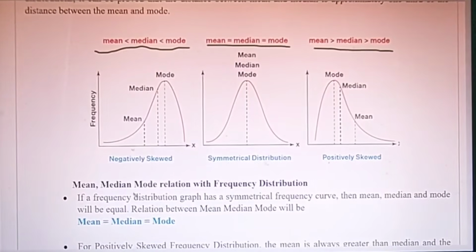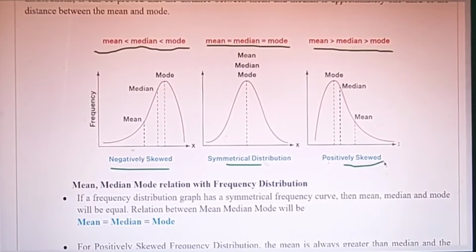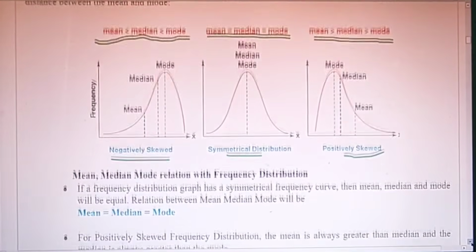So the first case is negatively skewed, the middle one is symmetrical, and the right-hand side is positively skewed. Basically, skewness also depends on this, and you have to remember this graph and practice it. This is a very important question.